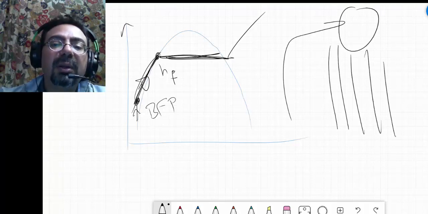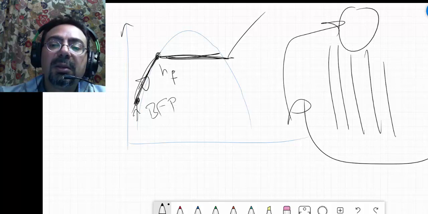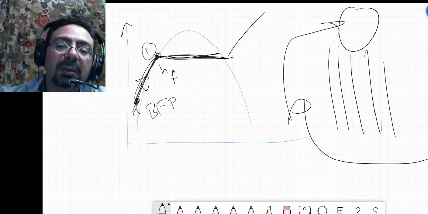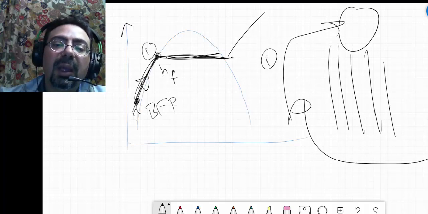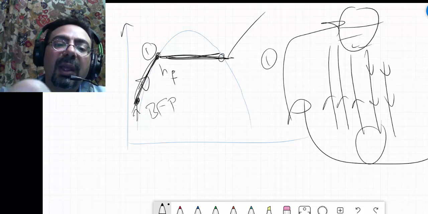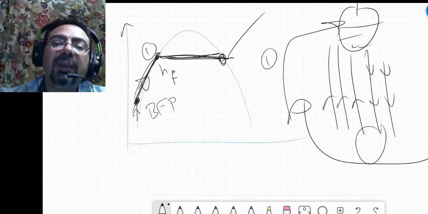So that's the drum, and the economizer was here. So this would be point 1. He goes into this drum and down into the pipes, and then becomes vapor, and leaves here at 2.